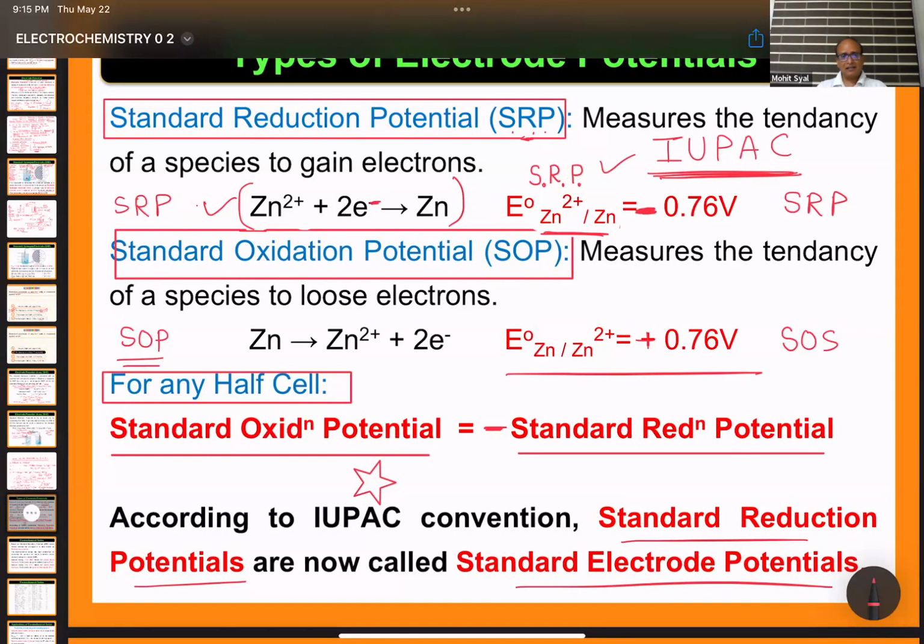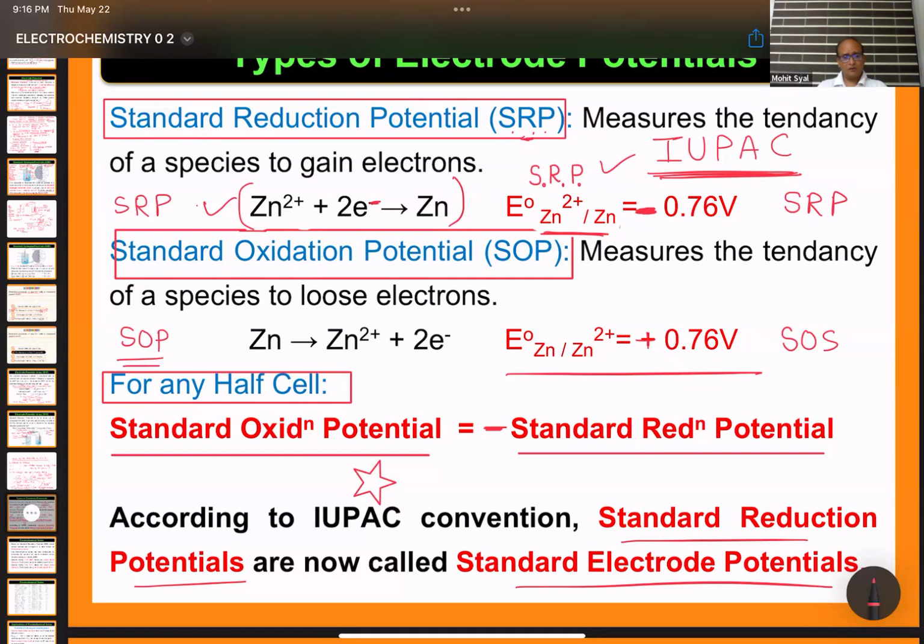Most of the metals, except copper, silver, and gold, have a tendency to lose electrons. Is that clear? They are electropositive.